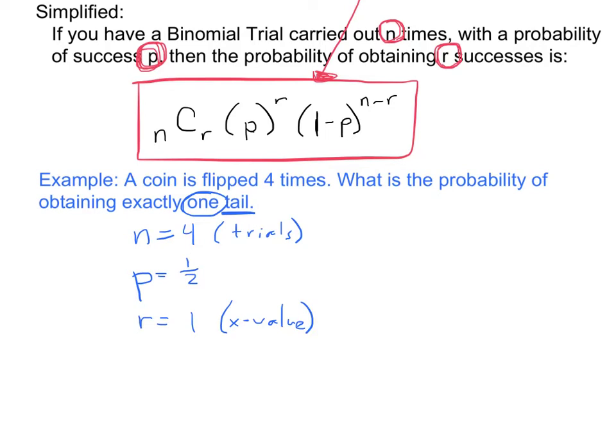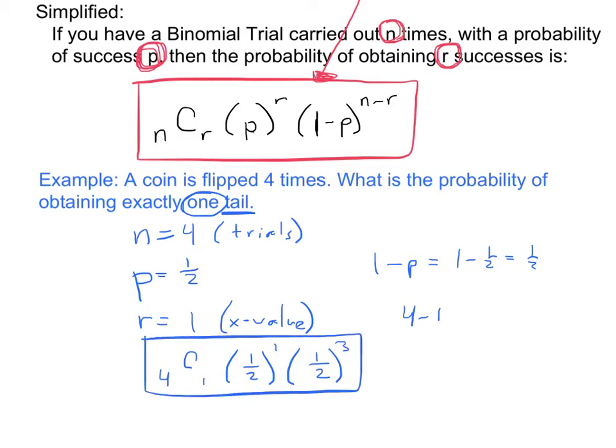So now, according to the formula, this would be 4C1 times 1/2 to the first power times, now 1 minus p. If you look at 1 minus p, 1 minus p is going to be 1 minus 1/2, which is another half. And then the power is the n minus r power. N minus r is 4 minus 1, which is 3.